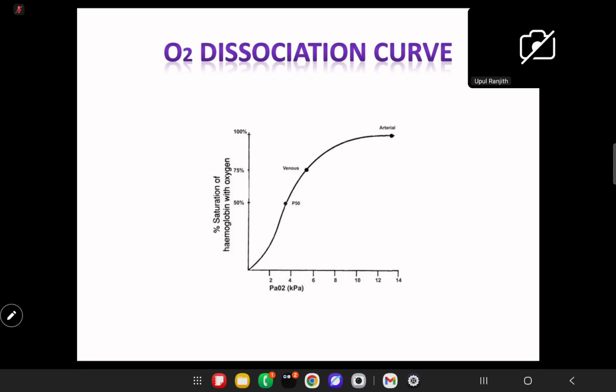Therefore, venous saturation is high in the renal vein, whereas in the hepatic vein it is even lower than 75% because it gets portal blood mostly.